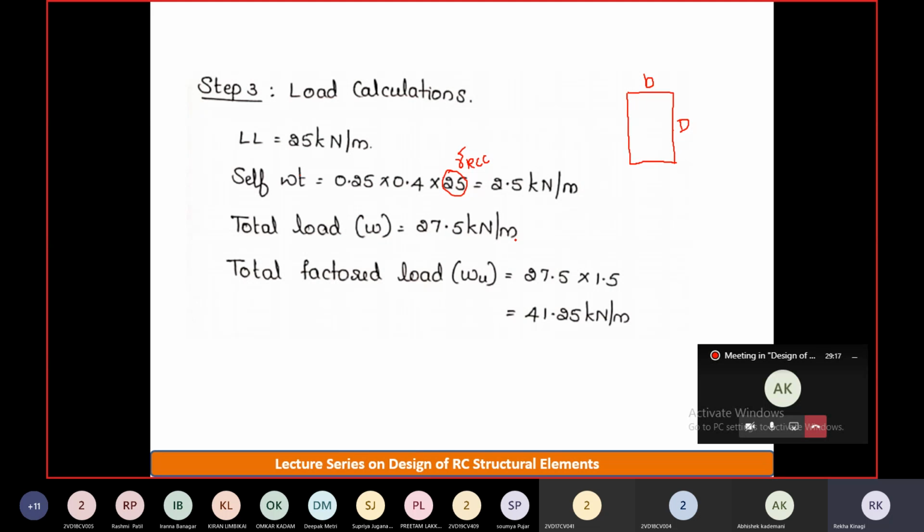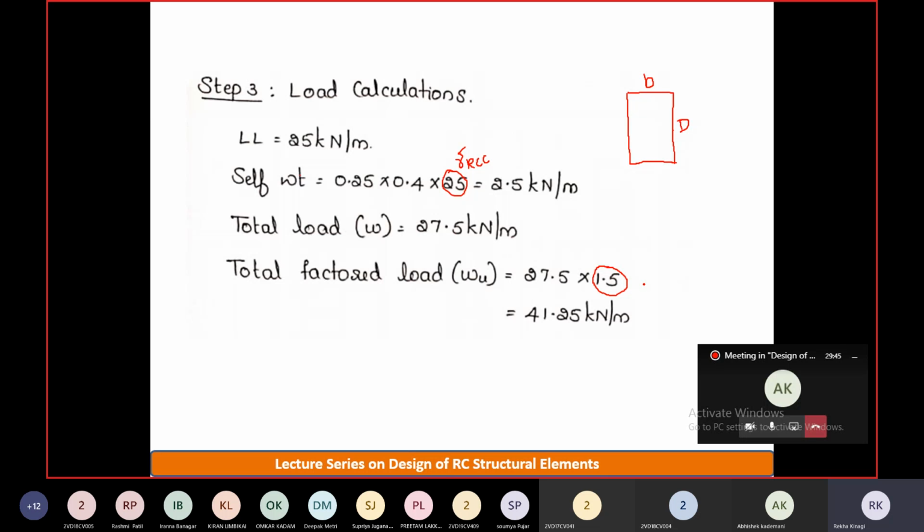Now we need to calculate the total factored load Wu. That is total load multiplied with factor of safety. So 27.5 into 1.5. This 1.5 is a partial safety factor to be considered for the load combination of dead load and live load.